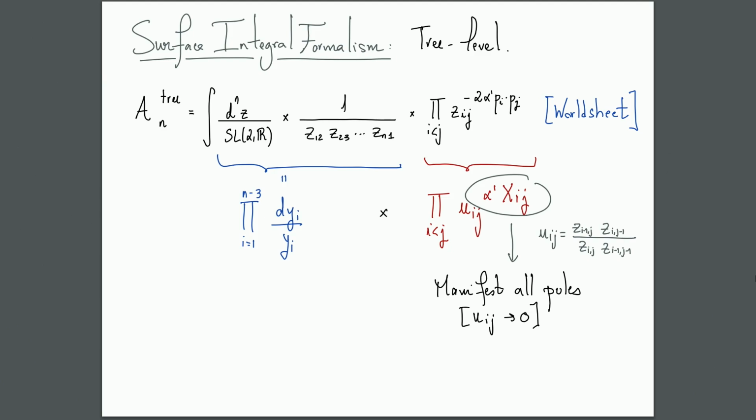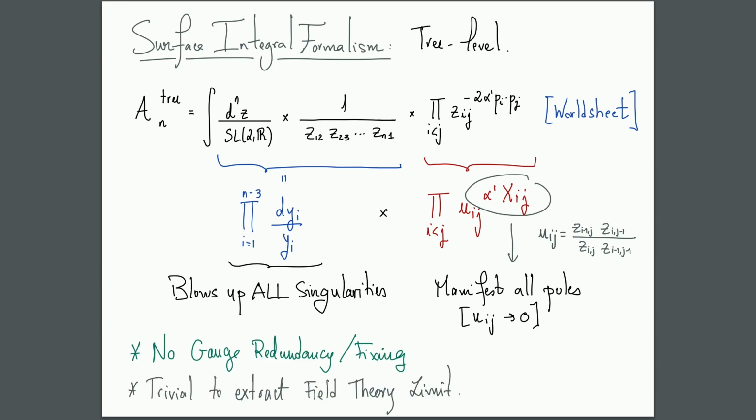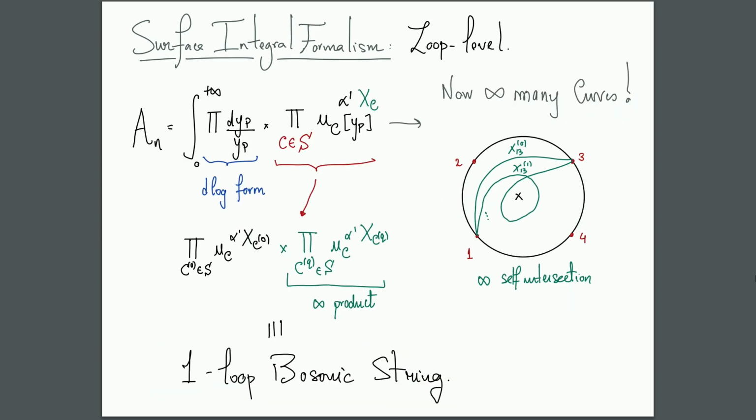And in particular, when we're near a pole, the integral develops a singularity when the respective u_ij goes to 0. And as for the measure, this first part is just replaced by this d-log form, which automatically blows up all the singularities for you. This is tightly connected with the fact that in this formulation, we don't need to do any gauge fixing anymore. So there's no gauge fixing. And this is also closely connected with the fact that it's trivial to extract the field theory limit.